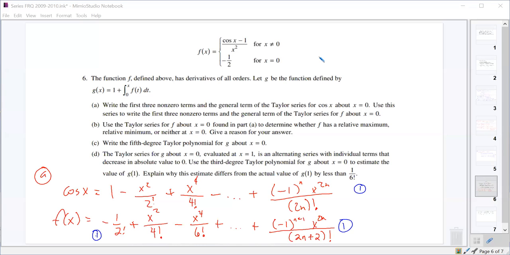So what was part B asking? Part B was asking us to use the series for f about x equals 0 that we found to determine if f has a relative max, relative min, or neither at x equals 0. So what do we have to do with that? We need to find a derivative, right, to start with.